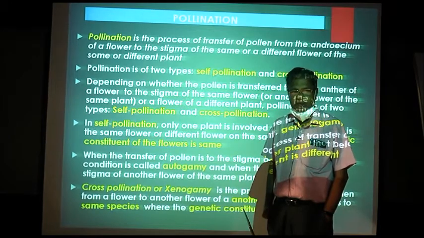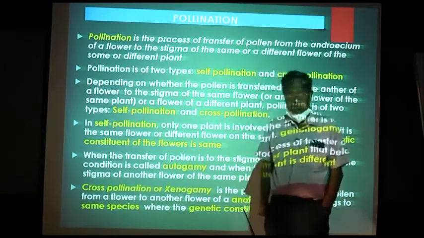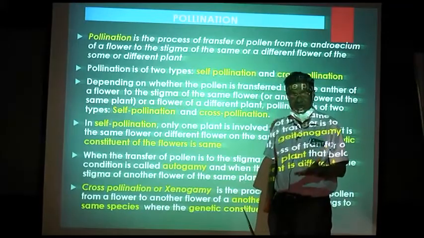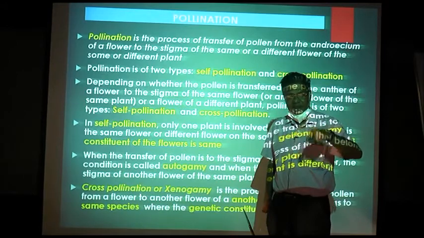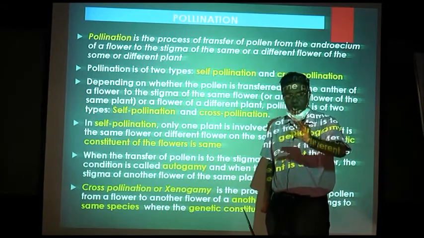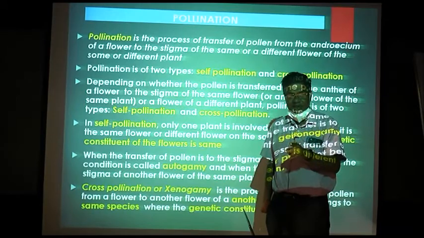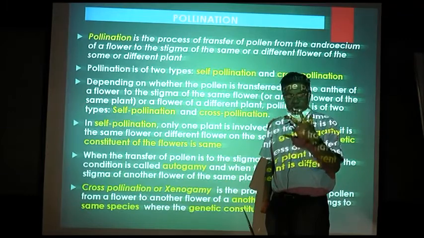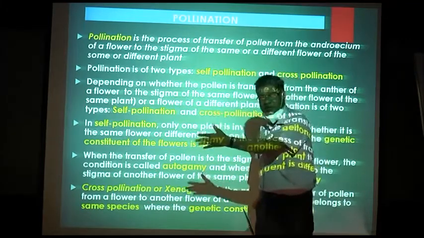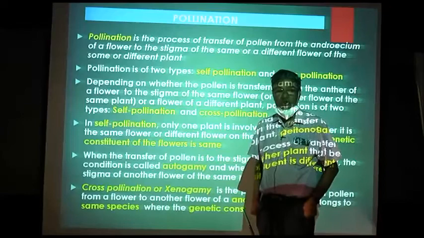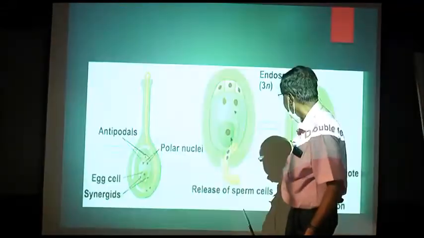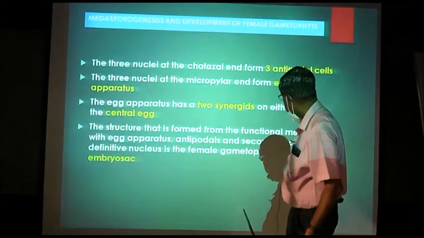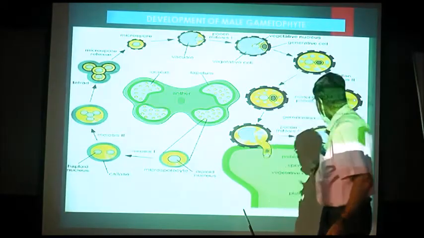Now, the nucleus divides into 2, that we have discussed, a small generative cell and a large vegetative cell. The generative cell divides into two, but usually at the two cell stage, the pollen grains are liberated from the microsporangium, and they come out and they fall on the stigma.